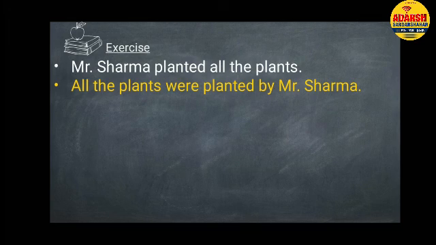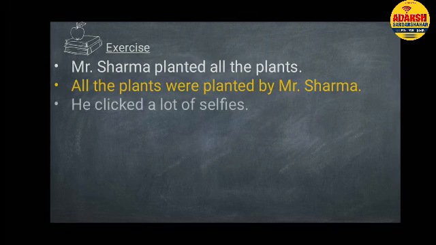Here we put all the plants, which is our object, in the place of our subject, and subject Mr. Sharma in the place of our object, and use verb third form as planted and put by before our subject, and according to the plants, all the plants, which is plural, we use were. So all the plants were planted by Mr. Sharma. So let's go towards the next sentence of this exercise, which is: he clicked lots of selfies.